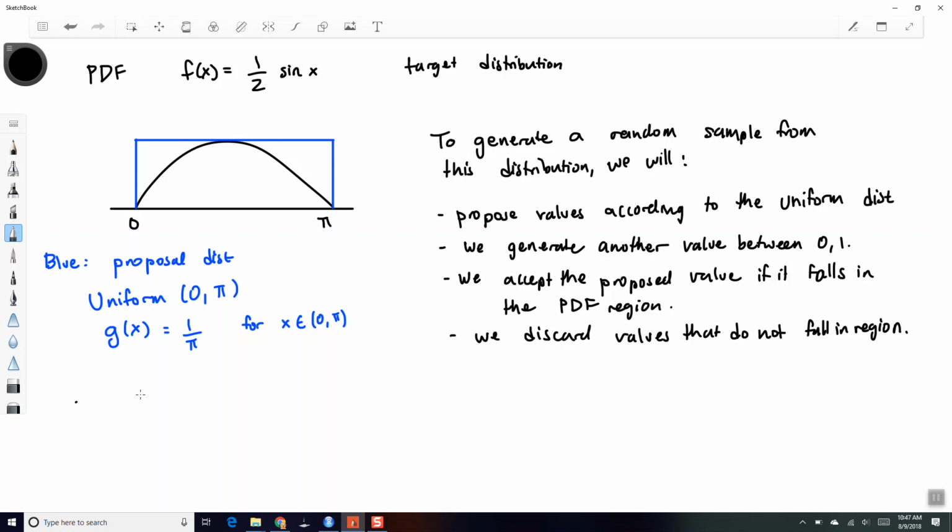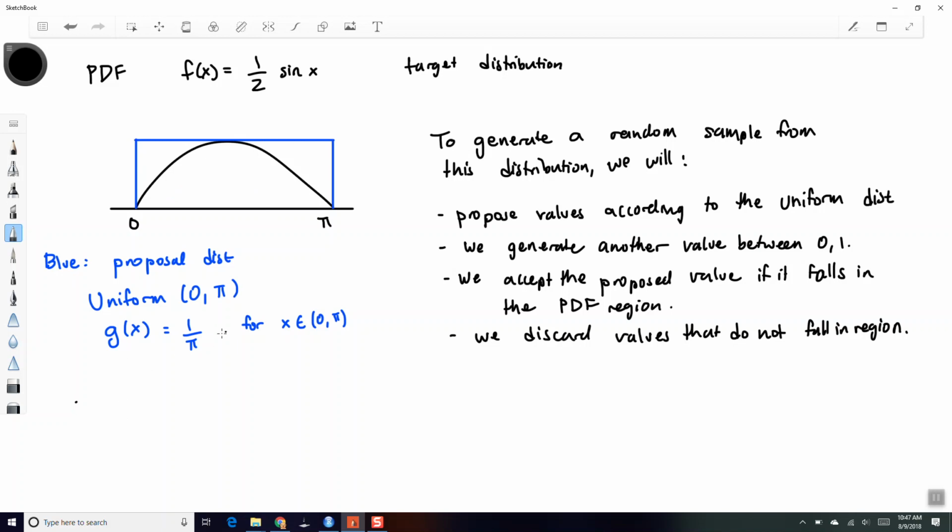So that it creates what we want to call an envelope that contains the target PDF.